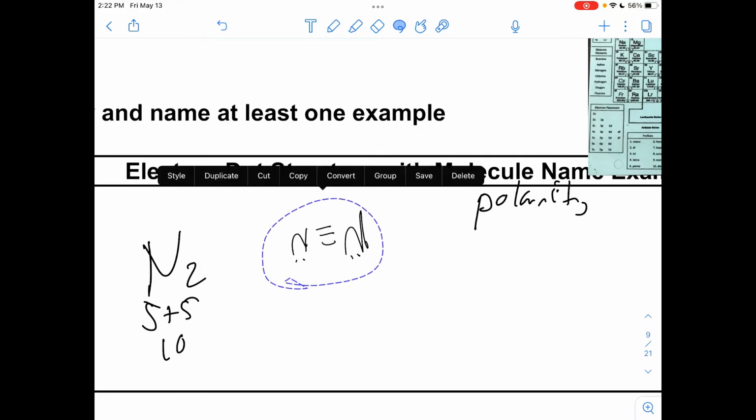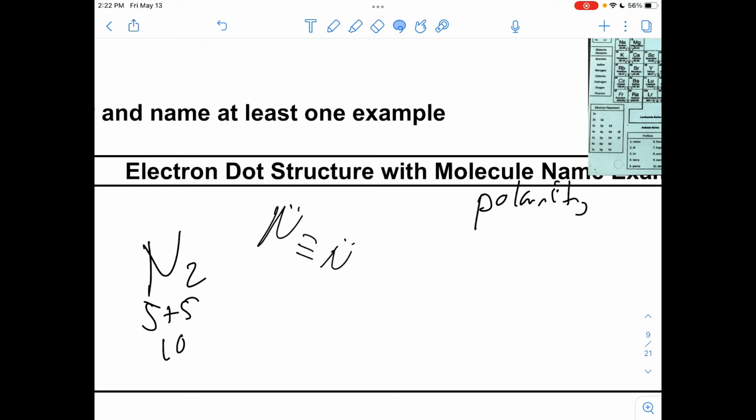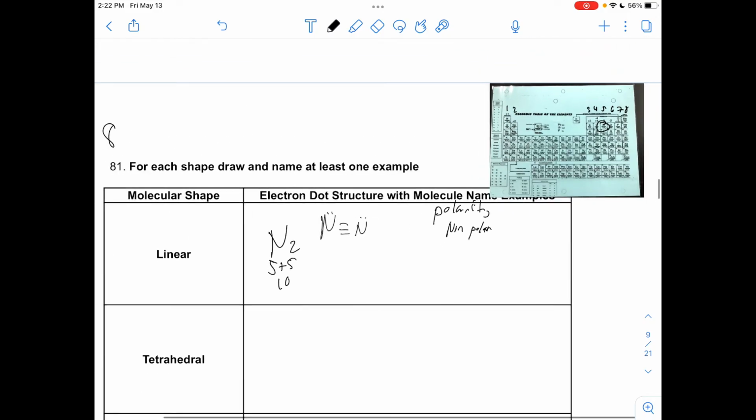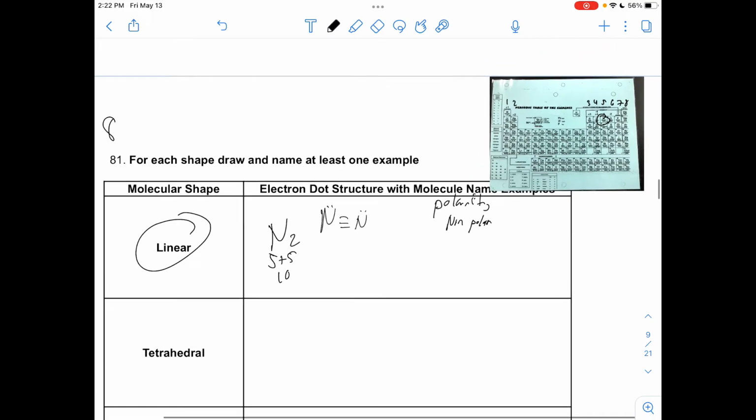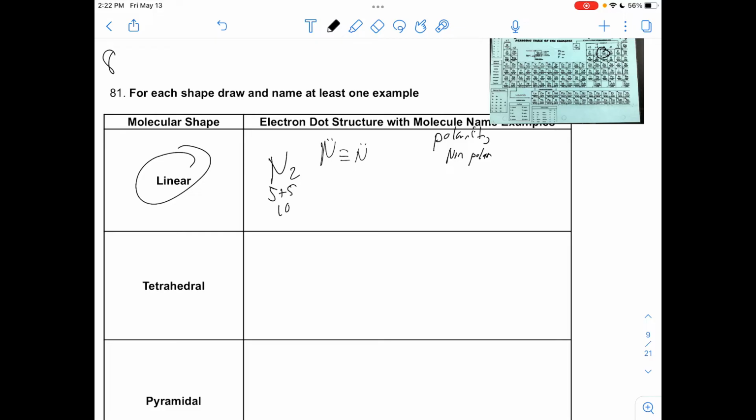Rotate it 180 degrees, is it the same thing? And yeah, it is. I mean, it's written upside down, but it's still nitrogen with 2 lone pairs. So this has rotational symmetry, so it would be nonpolar. Oops, it would be nonpolar. Okay, and the shape would be linear.